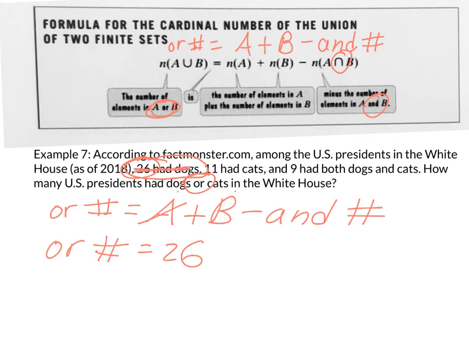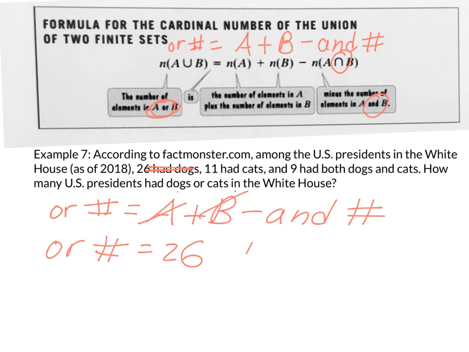Done. So I'll slash through that. Now, 11 had cats. 11 people had cats. So 11 also belongs to one set. So again, you could plug it into A or B. Since we already plugged into A, I'm going to plug it into B. In other words, set B represents all the cat owners.